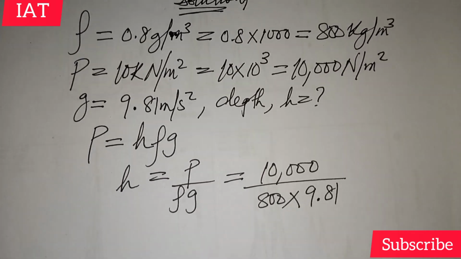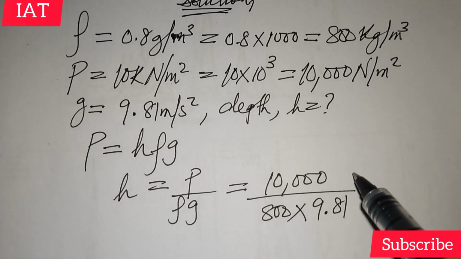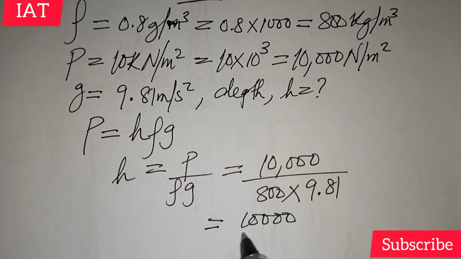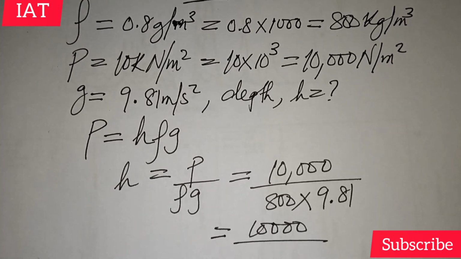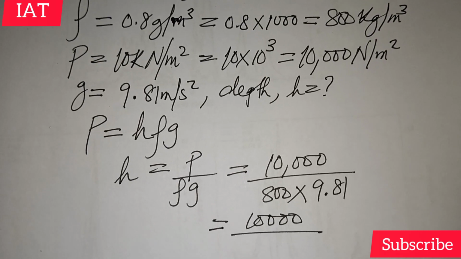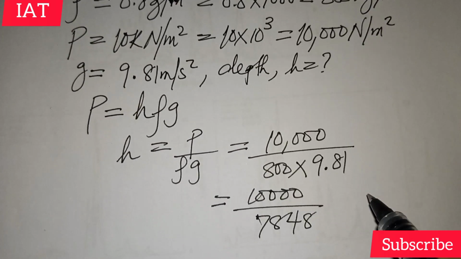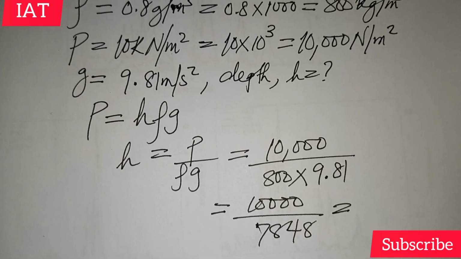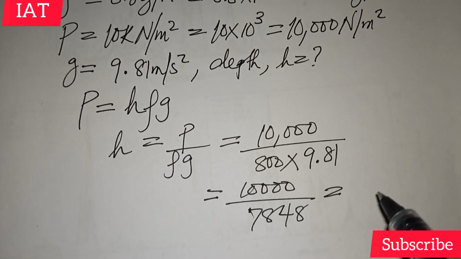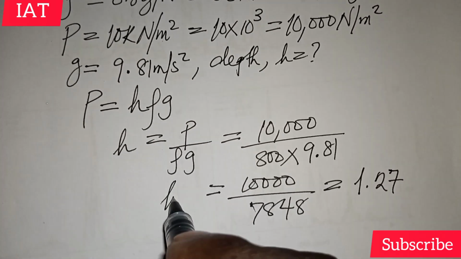I just use a calculator: 10,000 divided by 800 multiplied by 9.81, that is 7848. So when you divide these two, you have 1.27. And what is the unit of height?